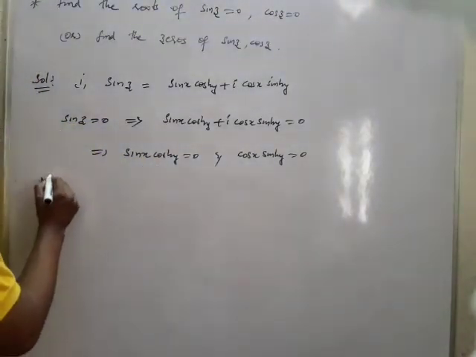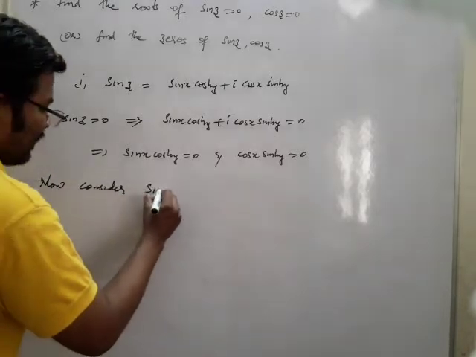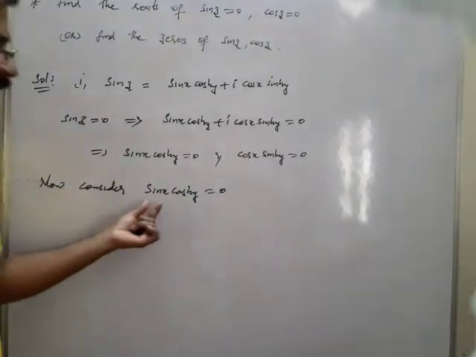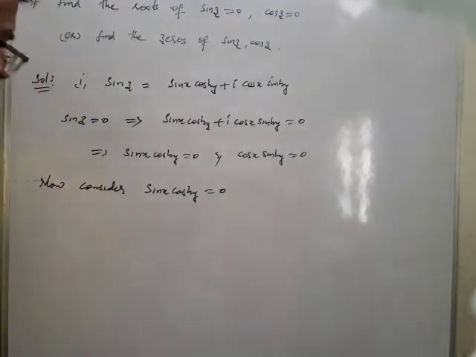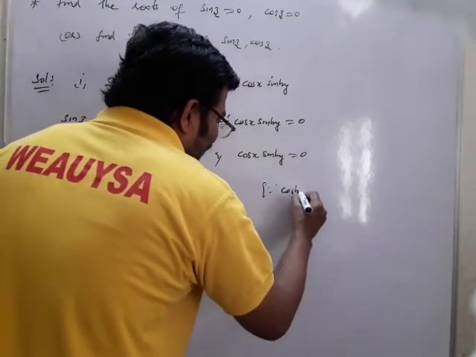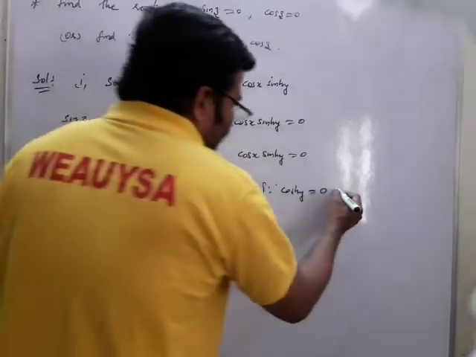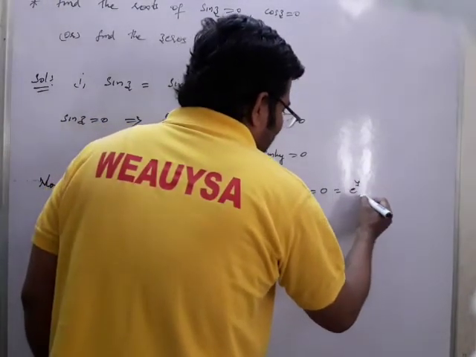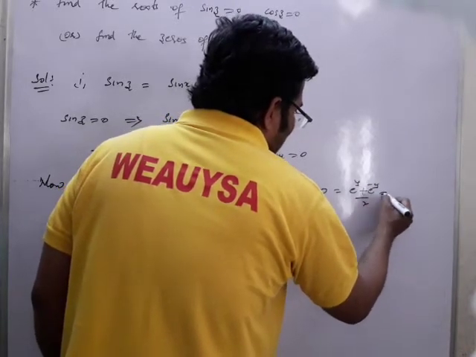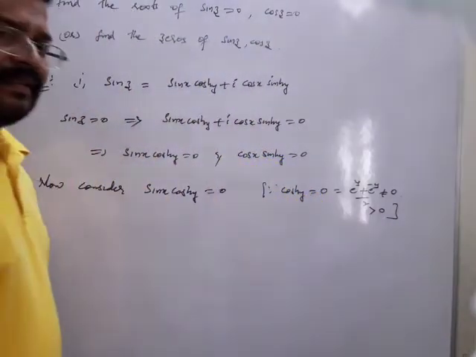Now consider sin x cos hy equal to 0. I am considering this sin x cos hy equal to 0. So what is that now? Since cos hy is e power y plus e power minus y by 2, which is not equal to 0, this may be greater than 0.